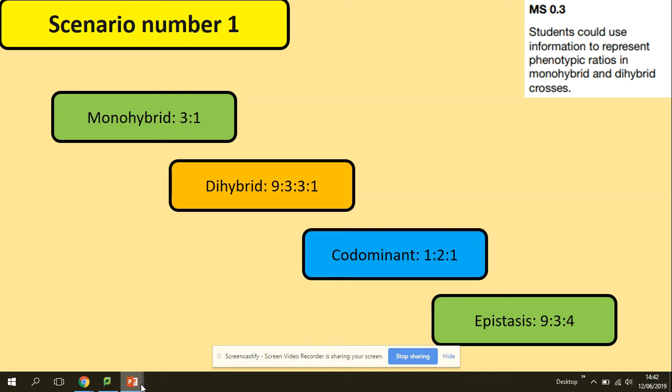So for the monohybrid second generation, we've got the ratio of 3:1, dihybrid 9:3:3:1, codominant 1:2:1, and epistasis 9:3:4. So I would strongly recommend you remember those ratios. They will be useful in terms of the past paper questions and the problem solving questions.